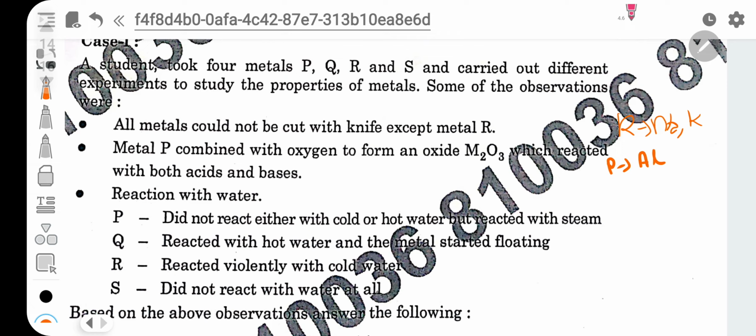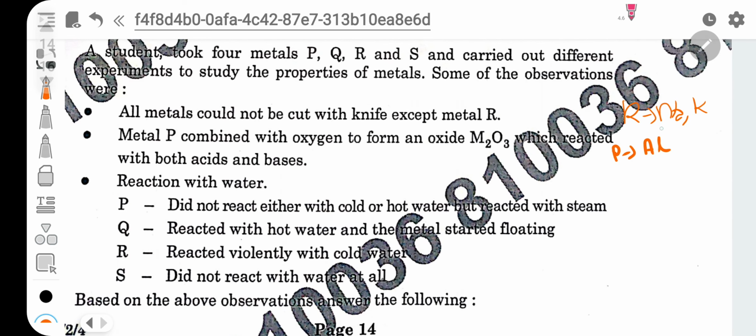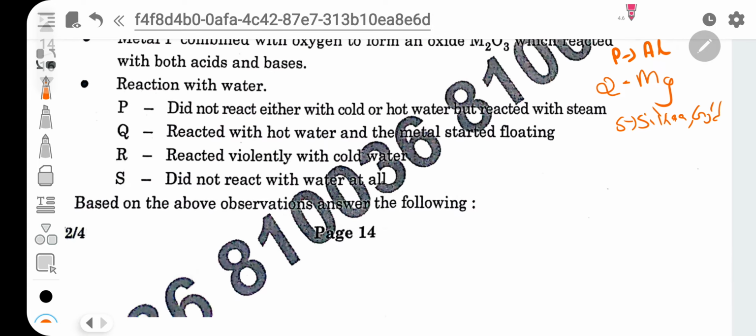Sorry, it is Q. The metal started floating, it is magnesium, and it could not be cut, so that's why it is not sodium. R reacted violently with cold water, so it is sodium or potassium. S did not react with water at all, so it is silver, gold or platinum.